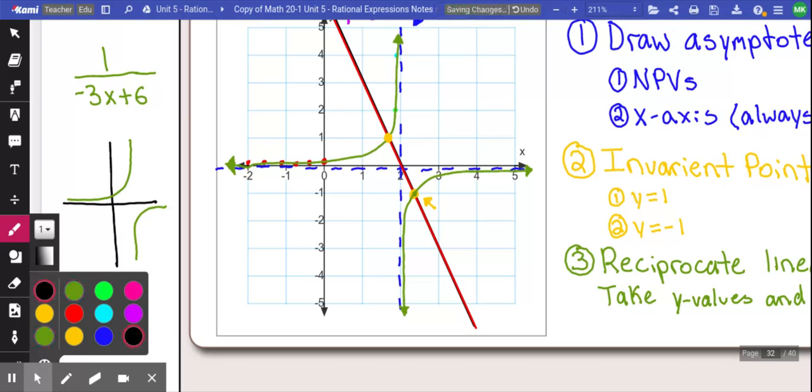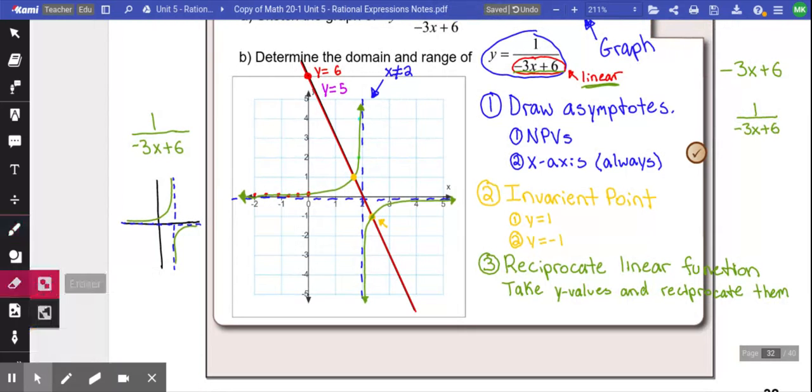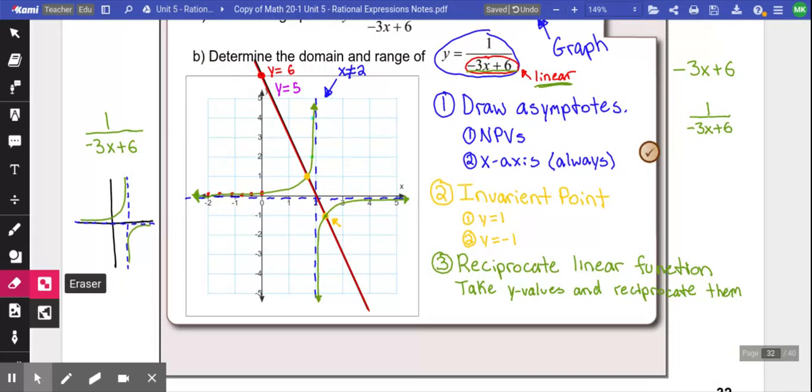That's what our green graph would look like on your graphing calculator. And it would probably also draw the asymptotes. I don't think it draws the horizontal one. But that is what we just graphed. You won't actually graph these in your calculator. You're going to graph everything by hand, because it's actually easier than trying to read your calculator's graph.